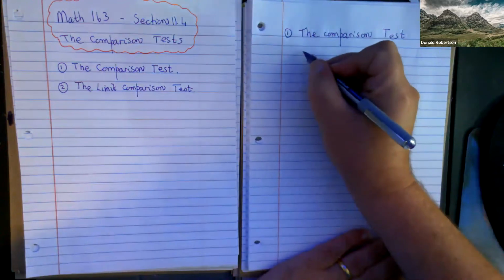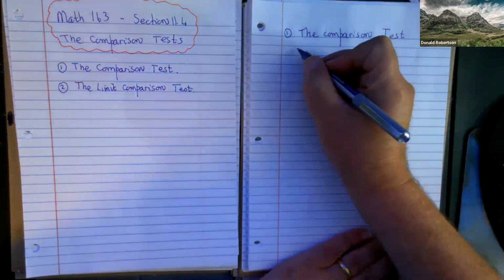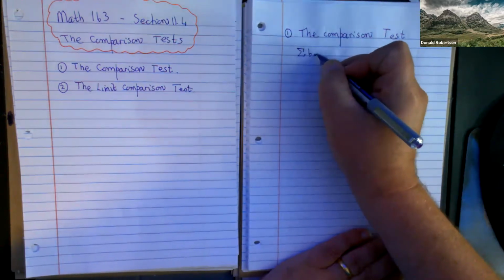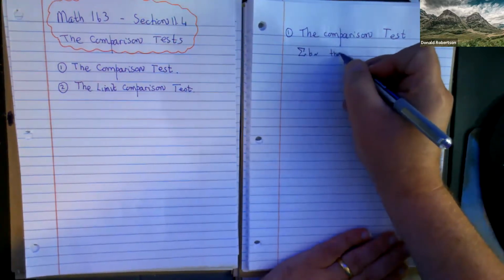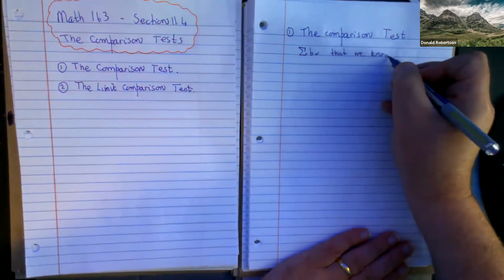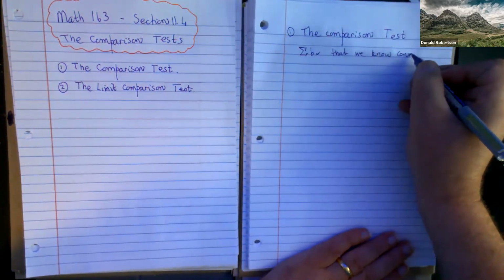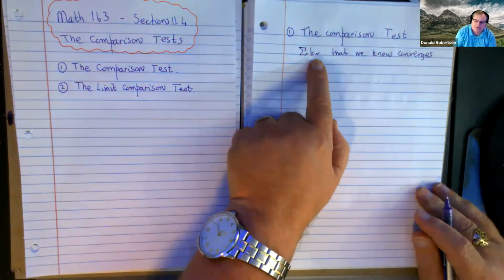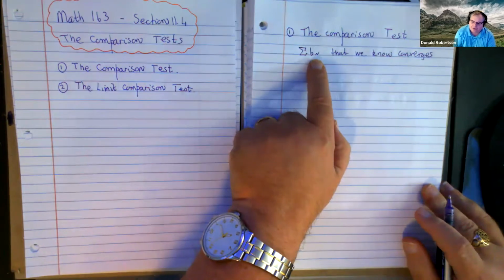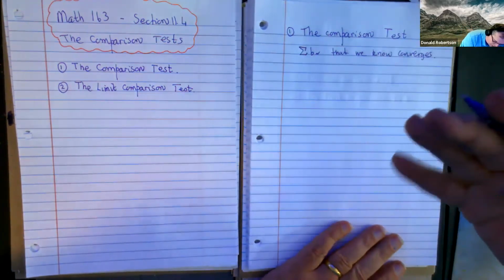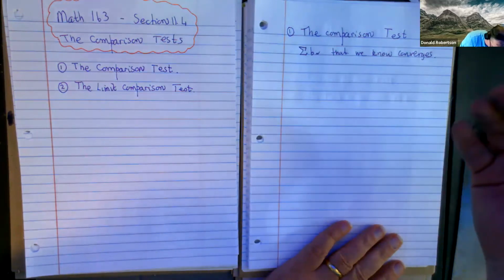Suppose we have a series, sigma bn, that we know converges. We can use this known series, the one that's converging, to prove that another series is also converging.